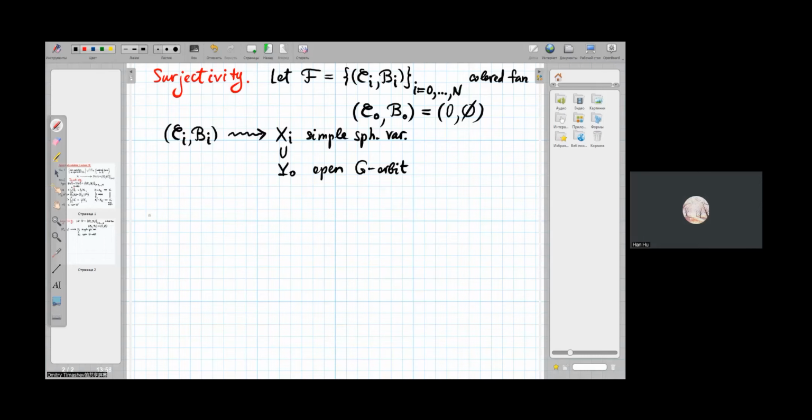For any i and j, we have a unique birational isomorphism from Xi to Xj, extending the identity map on the open orbit.